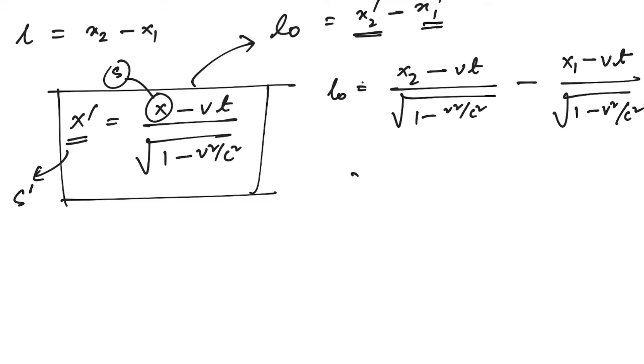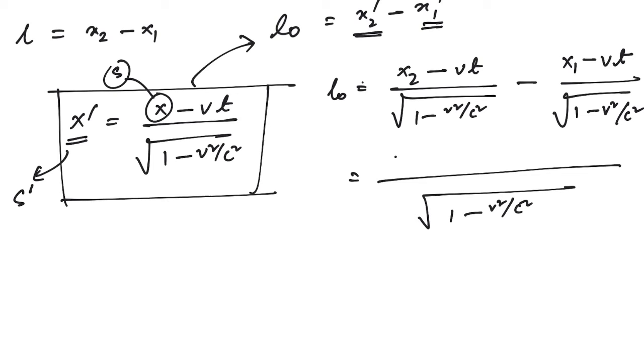Then let us take the LCM here, root over 1 minus v square by c square, and in the numerator x2 minus vt minus x1 minus vt. If you remove these brackets, the vt terms cancel, isn't it? So hope you have understood this.